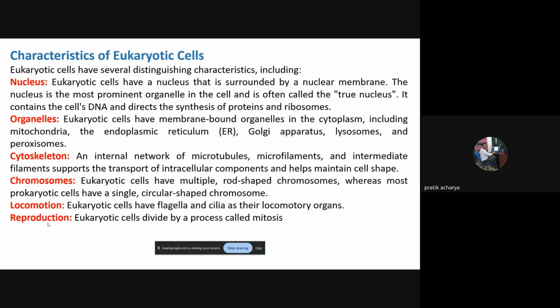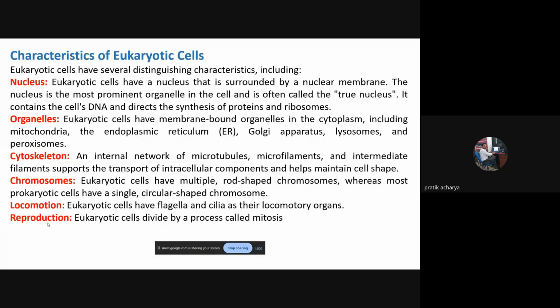Now come to the characteristics of the eukaryotic cell. Many of you are well known to these characteristics. They have a well-defined nucleus, a true nucleus. That's why it is named eukaryon.